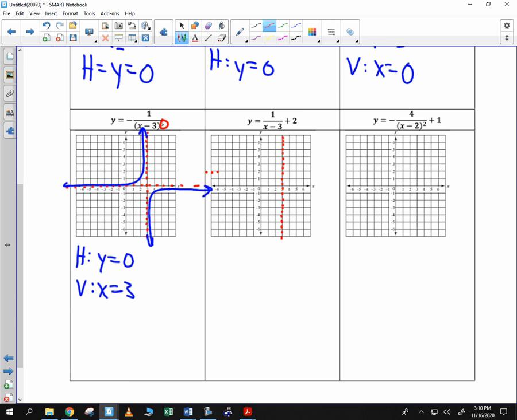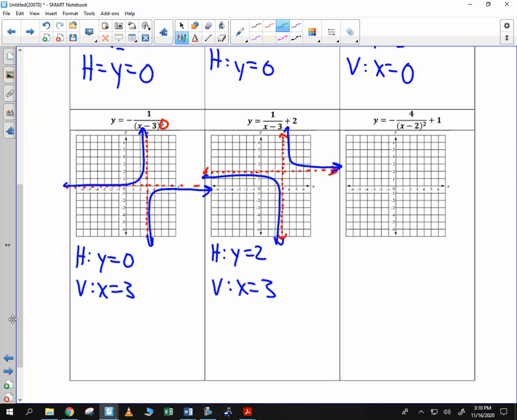Three to the right and up 2. Those are our transformations. Horizontal shift. Horizontal asymptote, y is equal to 2. Vertical asymptote, x equal to 3.